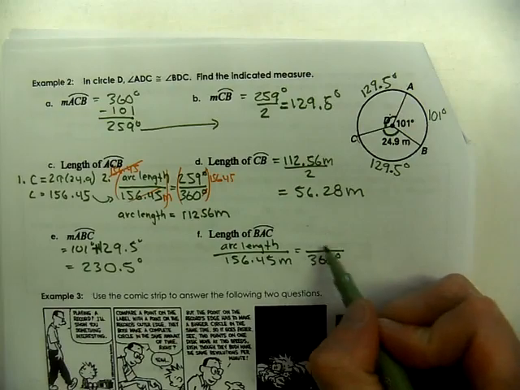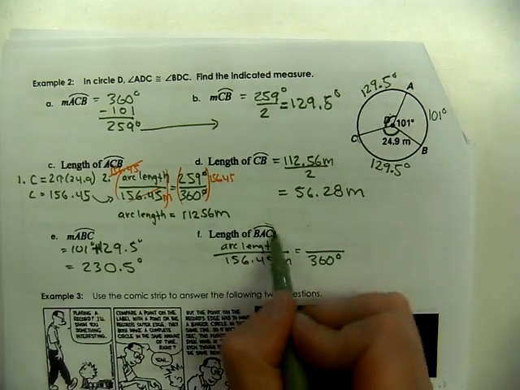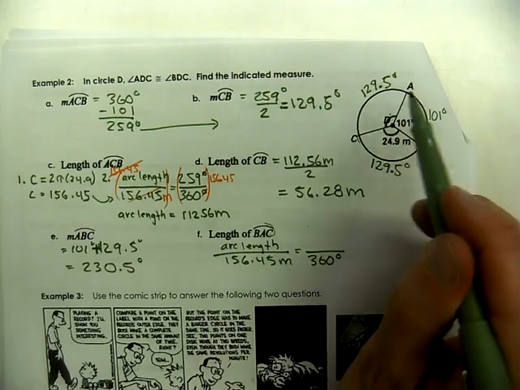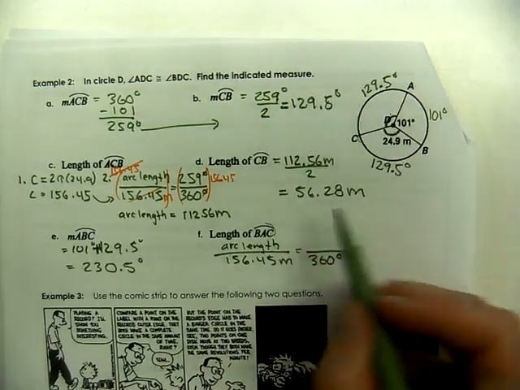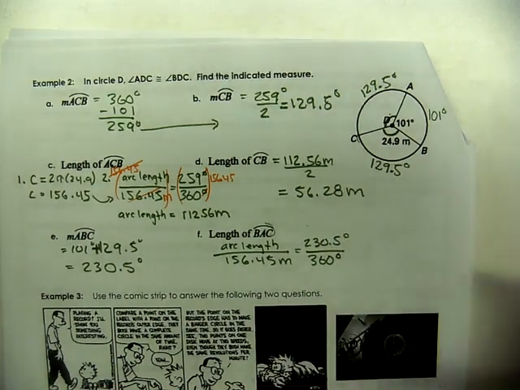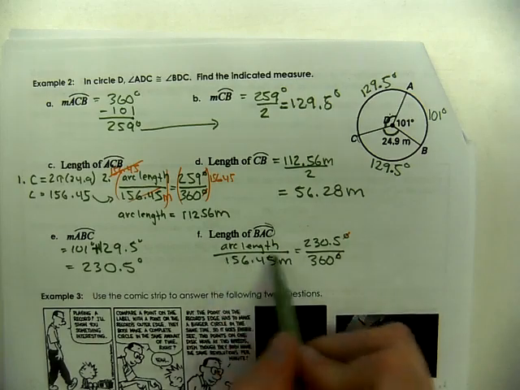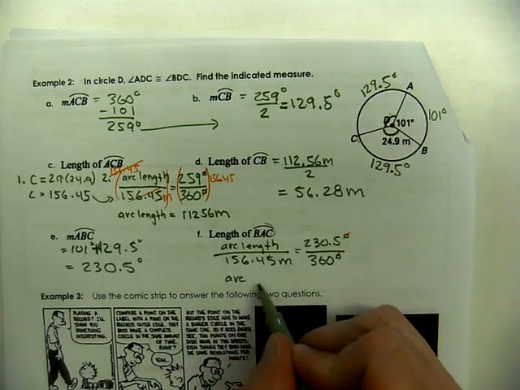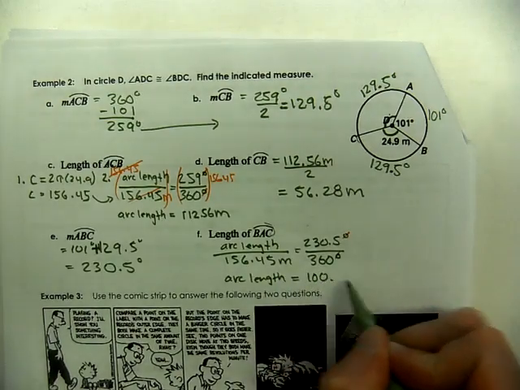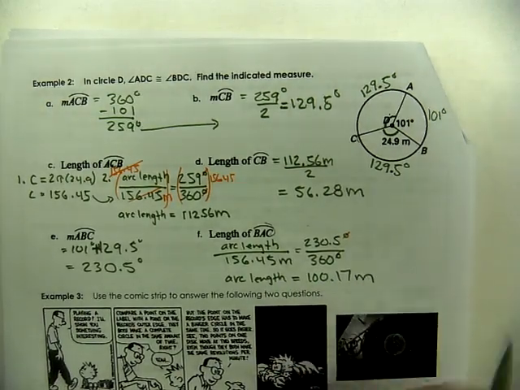So again, we want this arc in its measurement. So arc BAC is going to be a total of 101 degrees plus 129.5 degrees. So that's 230.5 degrees. So again, those degrees will cancel out. Again, we'll multiply both sides by the 156, and we will get an answer of 100.17, and that's in meters.